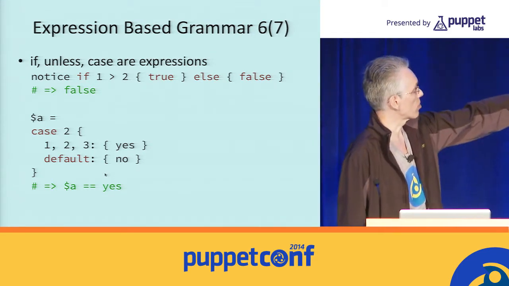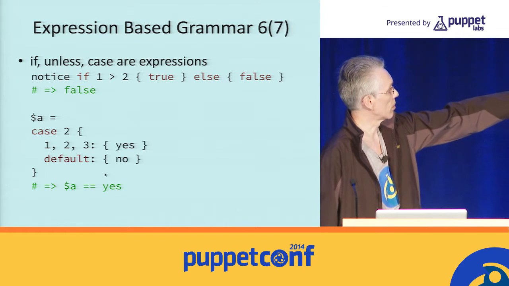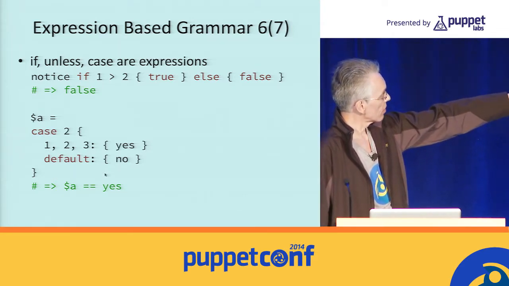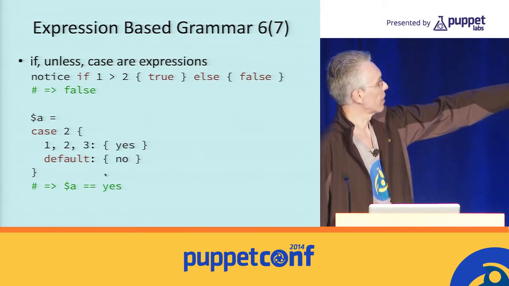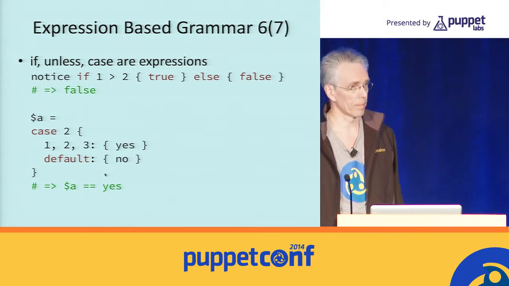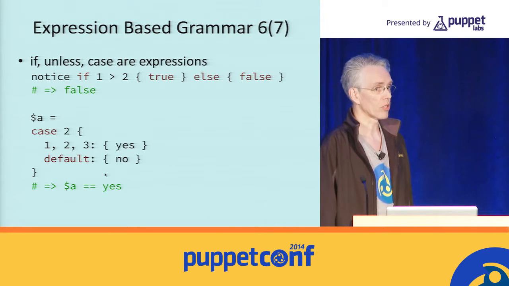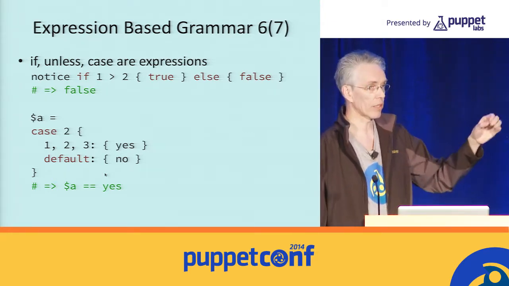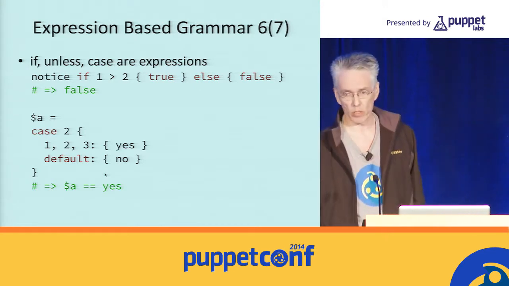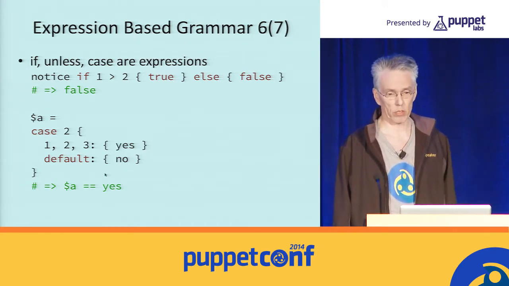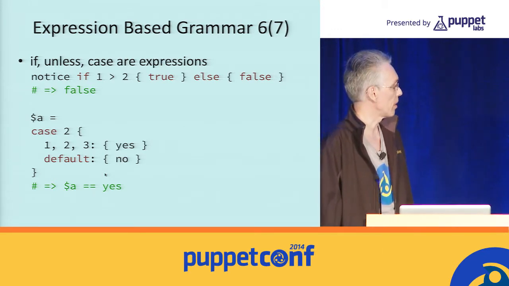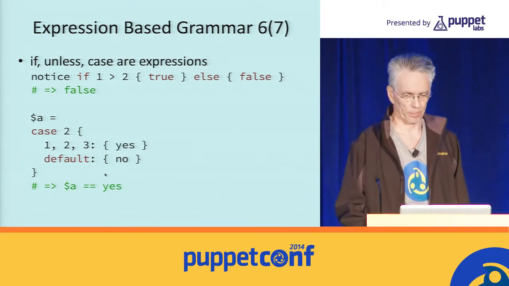Now you can do notice if 1 bigger than 2, then true, else false. Since 1 is not bigger than 2, it will notice false, right? And I didn't have to assign it to a variable or anything. The entire if expression just evaluates to the last thing that was evaluated for it, in this case, false. And the same thing with the case expression. So you can use them immediately in an expression.